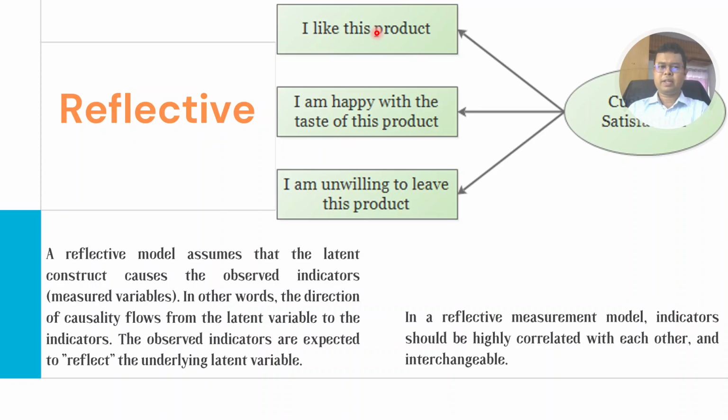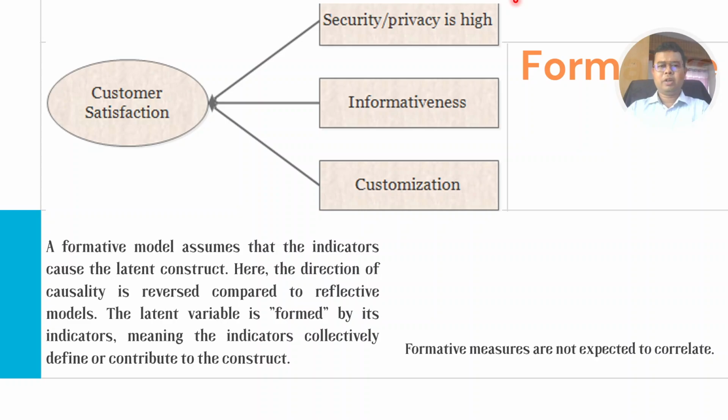But to be honest, in that case the model's accuracy will not be high. So it's wise to take indicators with higher loadings. Here are 3 indicators, 1, 2, 3, whose factor loading is greater than 0.7.